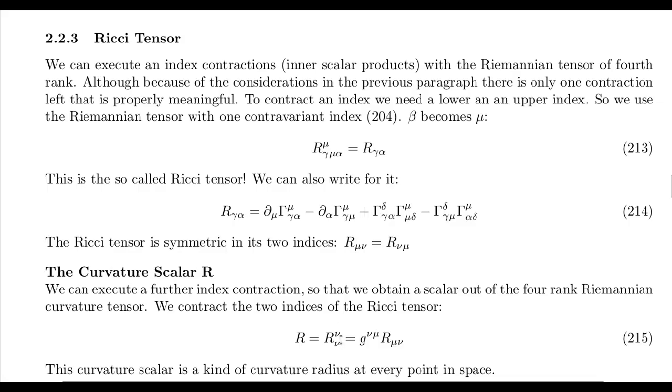That means another scalar product with 4 terms. And so we get a scalar R, and this is called the curvature scalar. We can interpret the curvature scalar as a kind of curvature radius at every point in space.